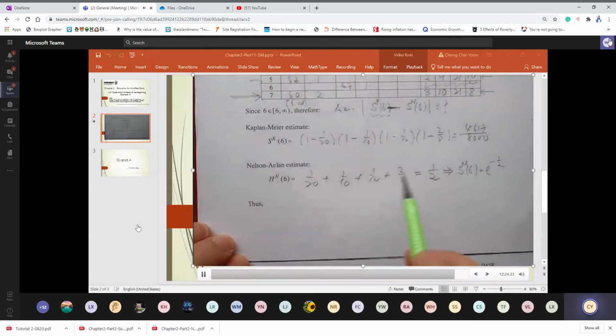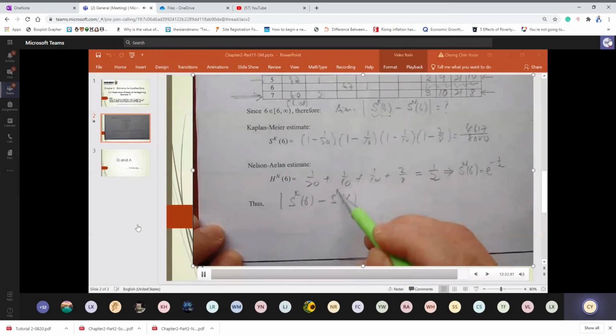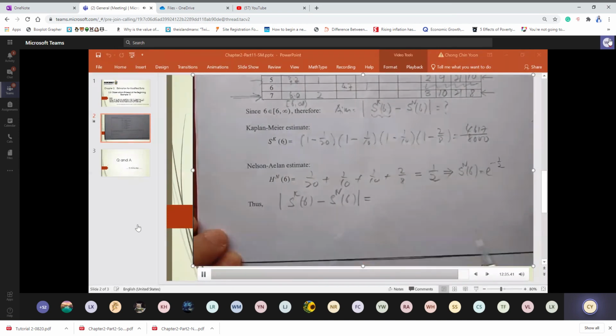So therefore, this absolute difference between the Kaplan-Meier and the survival under this Nelson-Aalen at 6 will equal this value minus this.